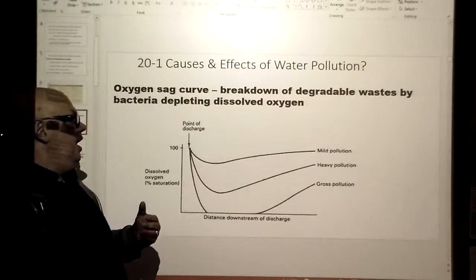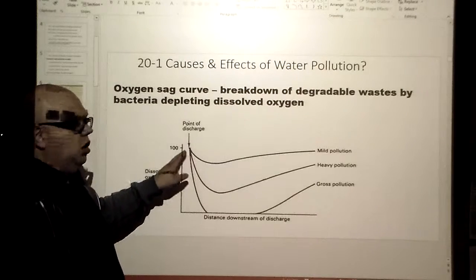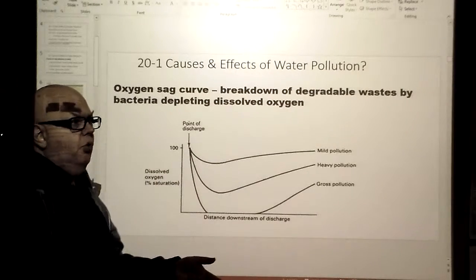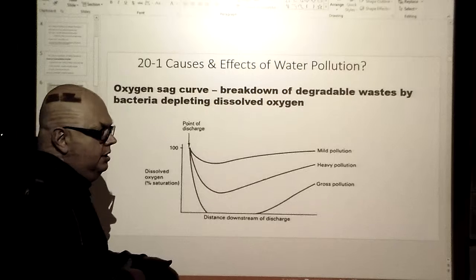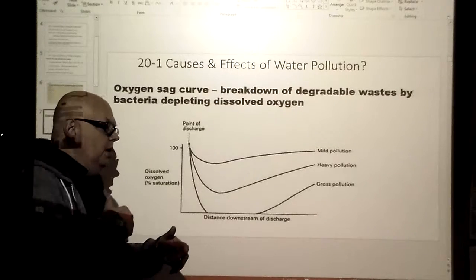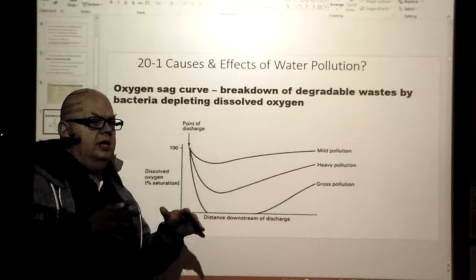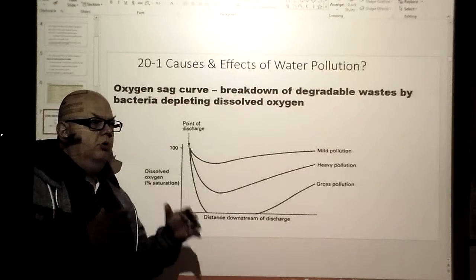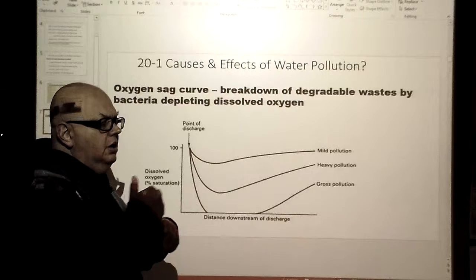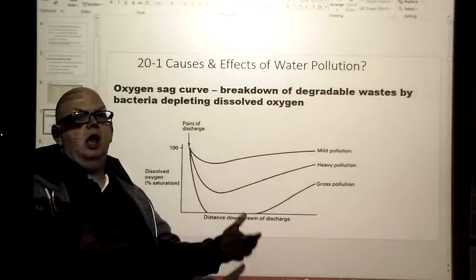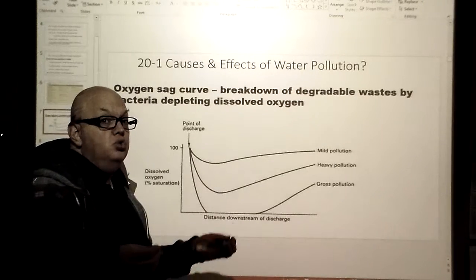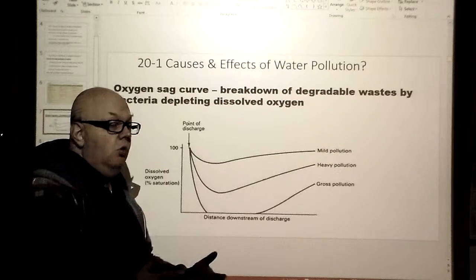Now the idea behind that is you have a point of discharge, you're discharging stuff into the water, and because of the discharge into the water, there's stuff that needs to break down. Bacteria help break it down. The problem is that when the bacteria are breaking it down, they suck up the available O2 that's dissolved in the water.